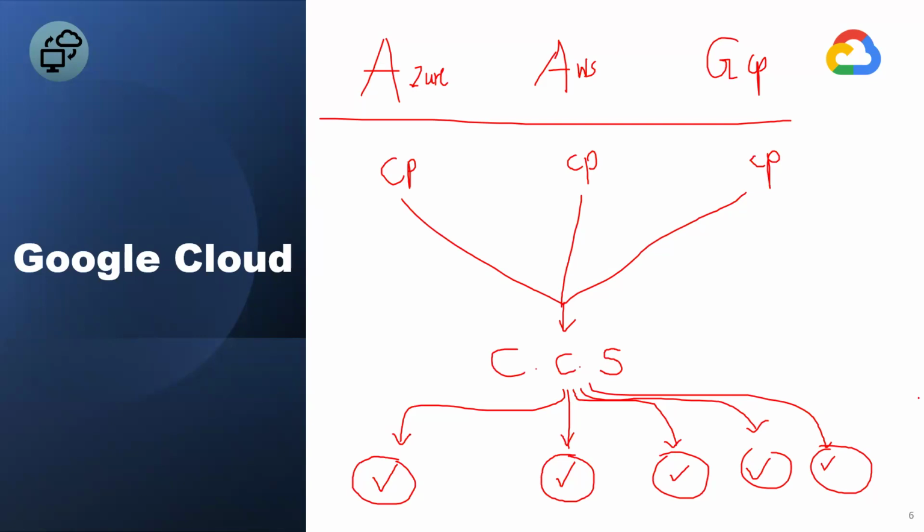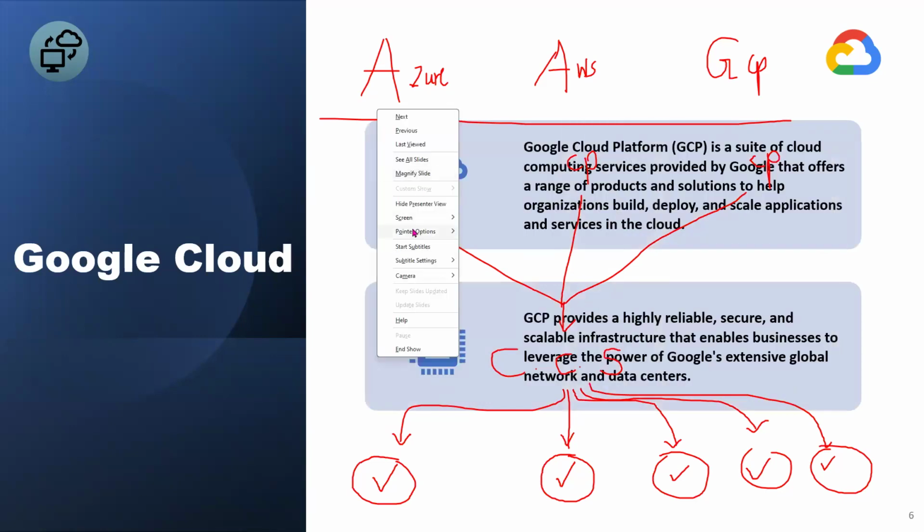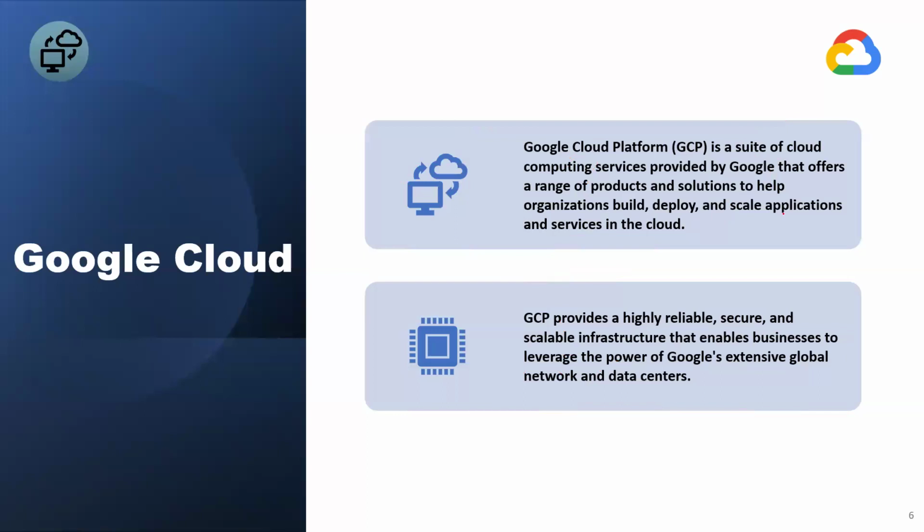They provide you cloud computing services. These services are very useful for organizations to build their applications, deploy them, scale them, and do plenty of other activities. One such cloud is Google Cloud Platform. So these cloud providers provide cloud computing services that are very useful for organizations to build, deploy, and scale applications and services in the cloud.